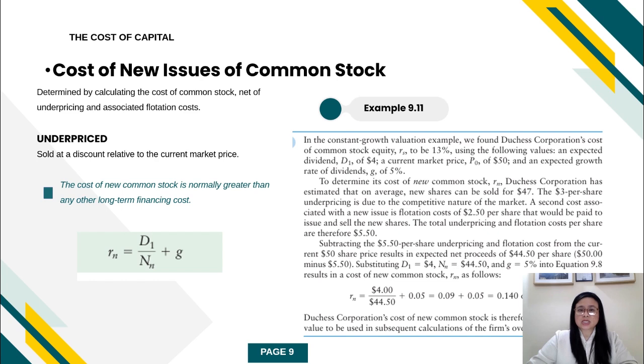The total deduction is equal to $3 plus $2.50, which is $5.50 per share. The net proceeds is equal to 50 minus 5.5. That's why it became 44.5. Okay, using the formula, the cost of the new stock is 14% here.